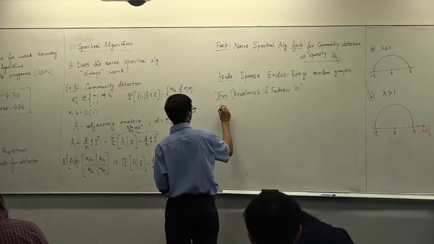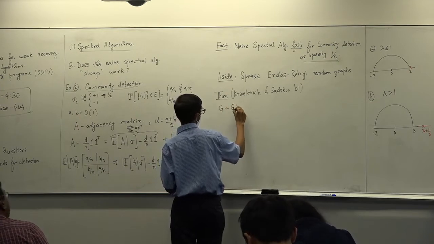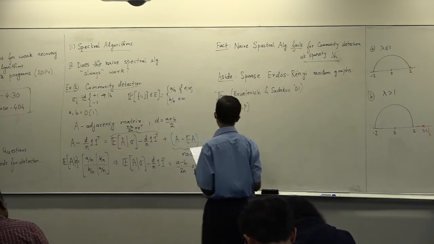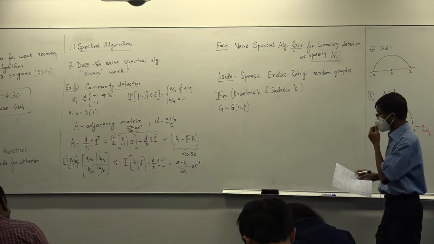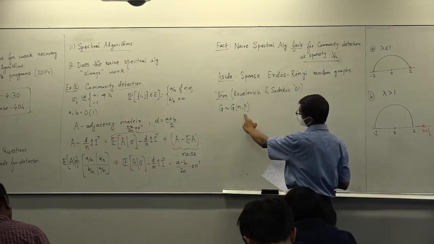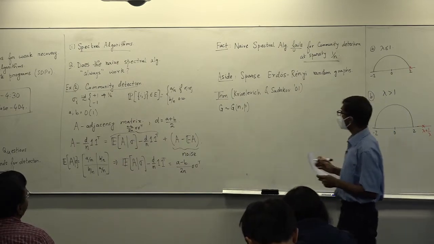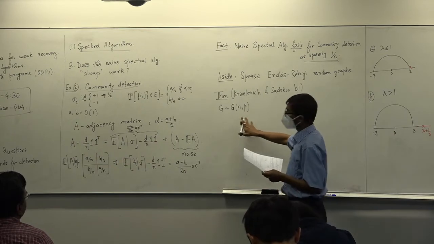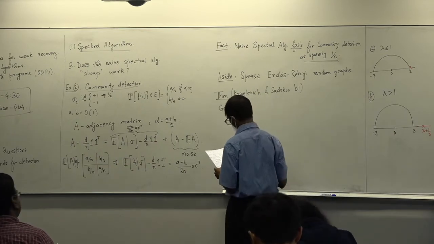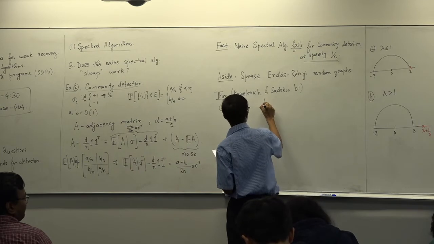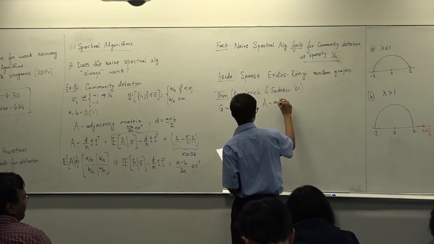Now suppose G is an Erdős-Renyi graph with n vertices and edge probability p, right? So I have n vertices, edges are added independently with probability p. p can depend on n, but I'll keep that dependence implicit. And suppose A is the adjacency matrix.